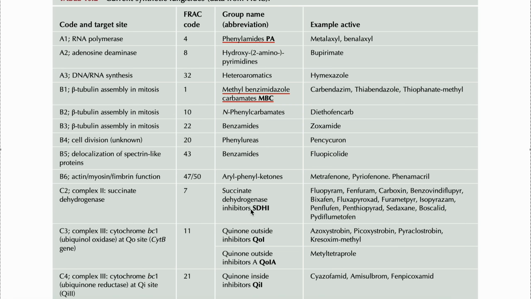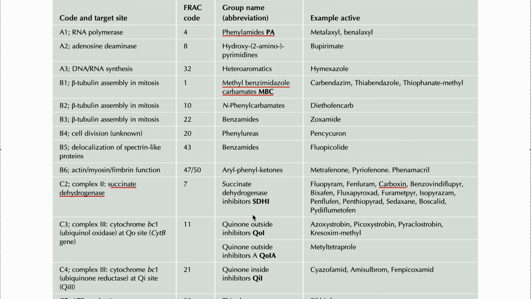This SDHI should have been here. So I would prefer the group name to be the oxathiin group, in which the examples are carboxin and oxycarboxin. That example is not given, but both will come under the oxathiin group, and their target site is succinate dehydrogenase inhibitors, which is in mitochondria.